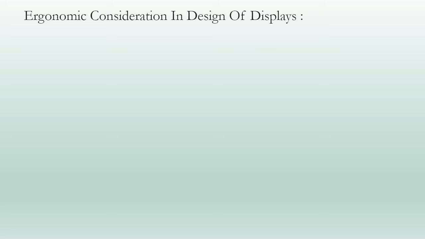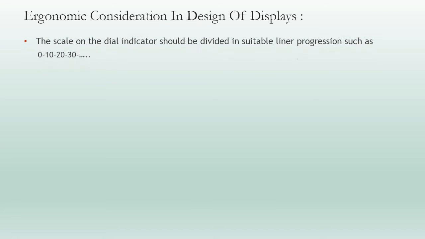Now consider some ergonomics while designing the display. The scale on the dial indicator should be divided in suitable linear progression such as 0, 10, 20, 30 and so on. If it is not possible to divide the scale into linear progression, the number of subdivisions between the divisions should be kept minimum.